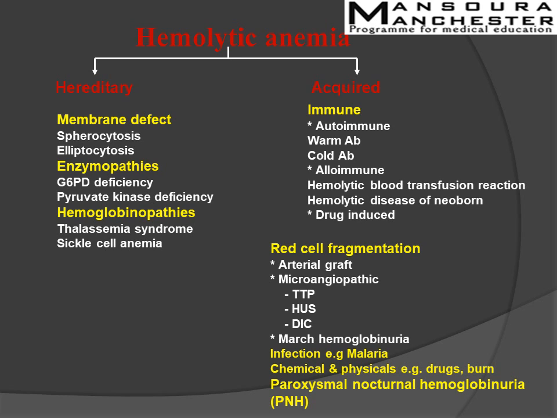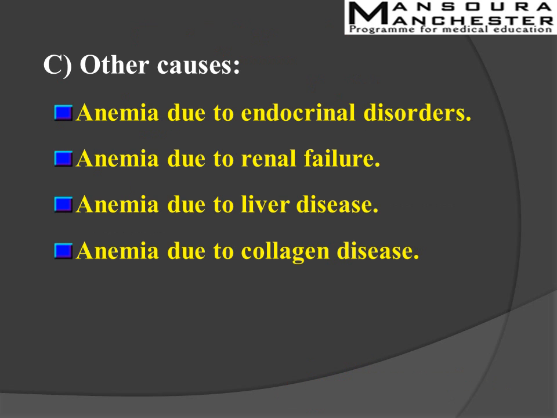We have march hemoglobinuria, infection due to malaria or clostridium, chemical and physical agents, secondary to liver and renal disease, and lastly, a genetic acquired disorder of hemolytic anemia called paroxysmal nocturnal hemoglobinuria. Other causes of anemia may be due to endocrinal disorders, renal failure, liver disease, and collagen disorders.